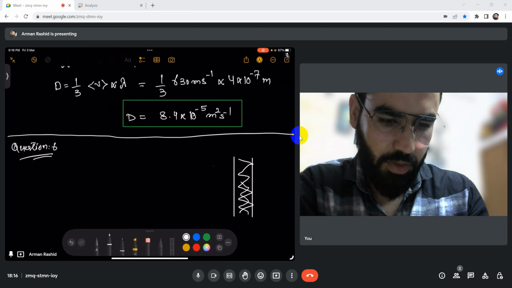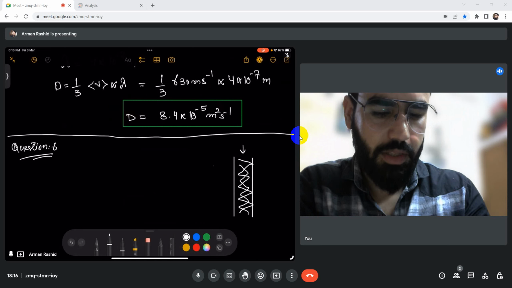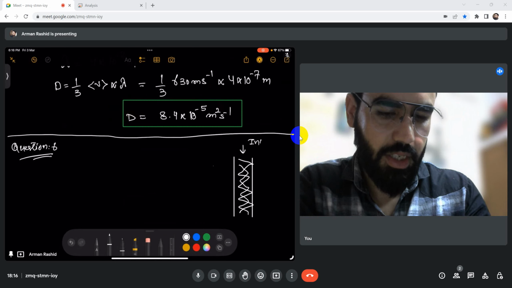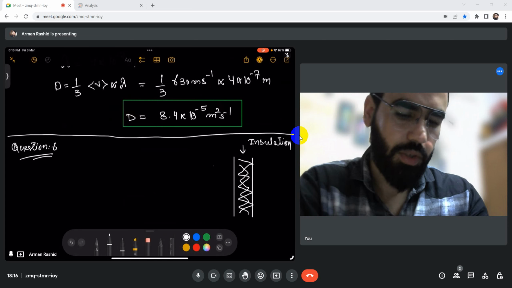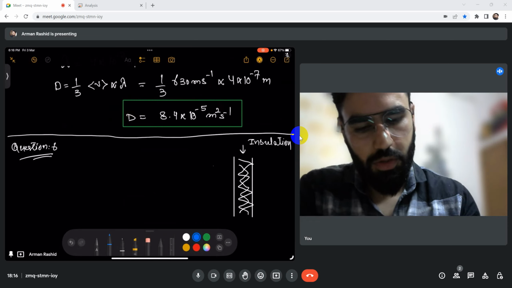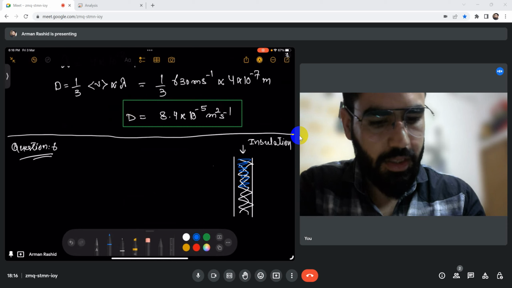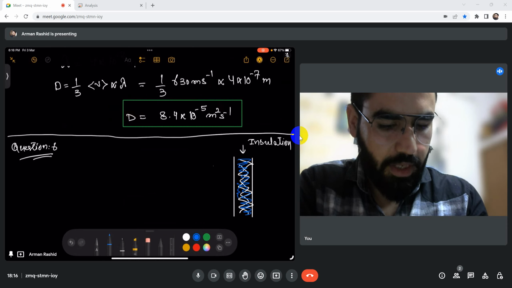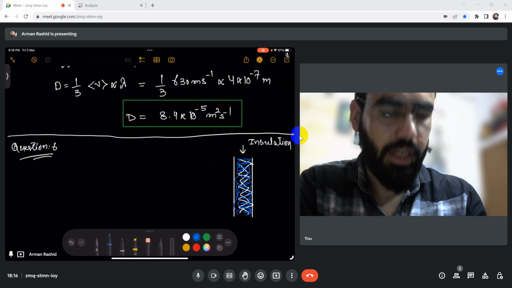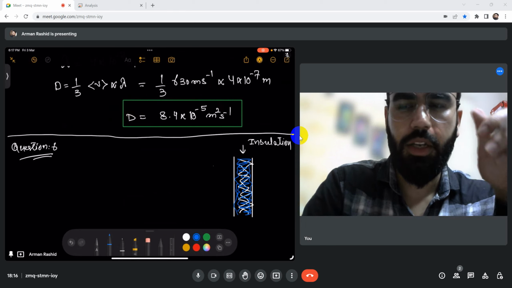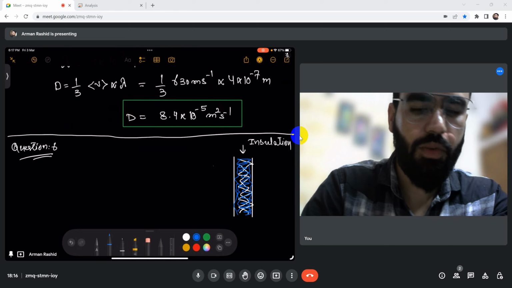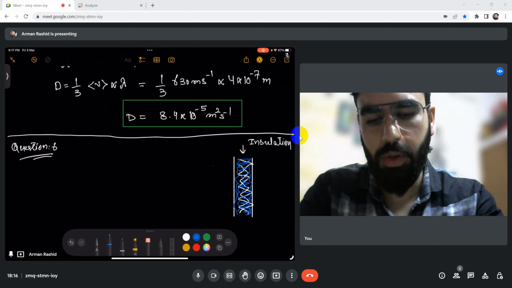So if this is fiberglass, what happens is this acts as an insulation. It does not allow the heat to flow in or to flow out. So this insulation helps to keep things warm. This is the principle by which we use insulating materials, like a thermos, to keep warm tea or warm food for a longer period of time.